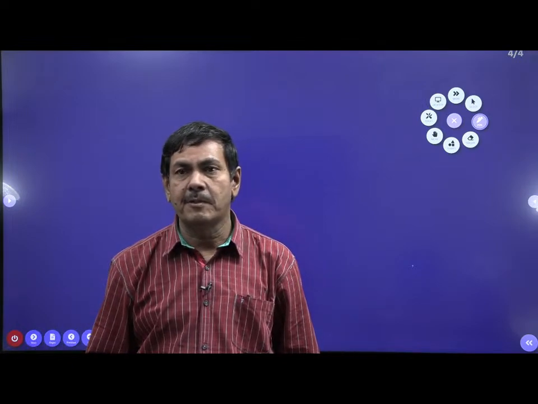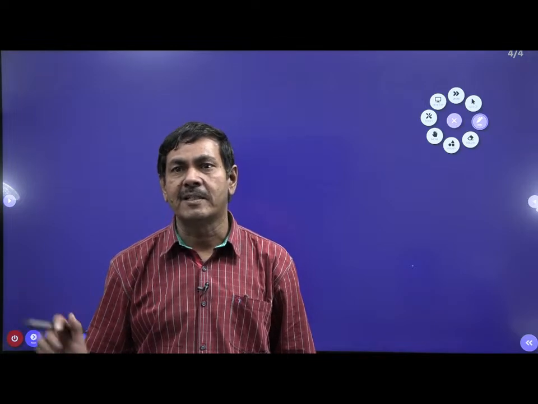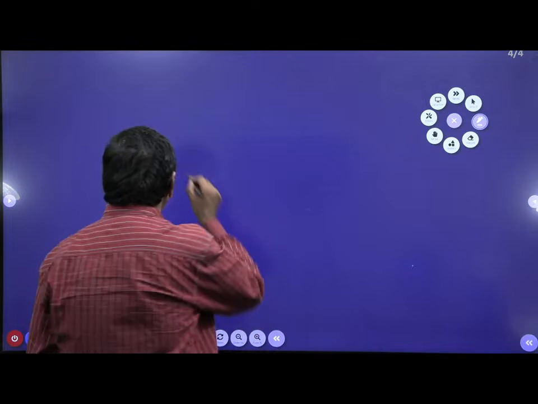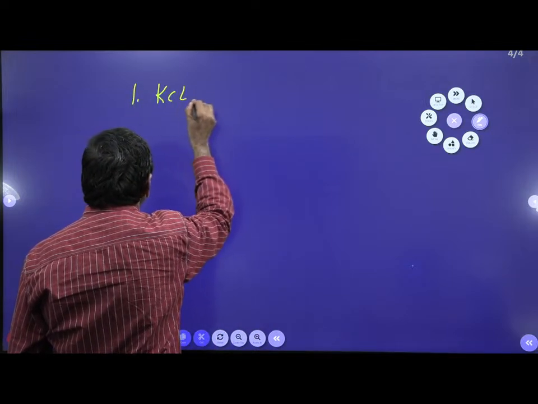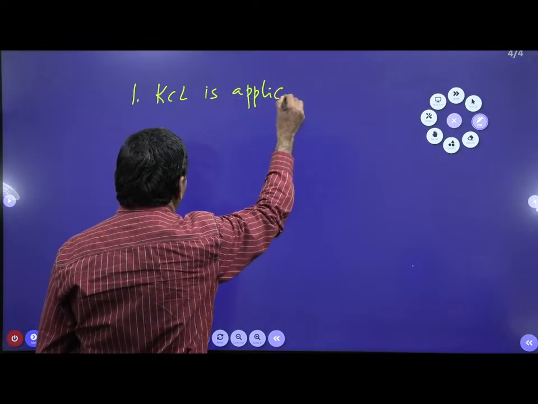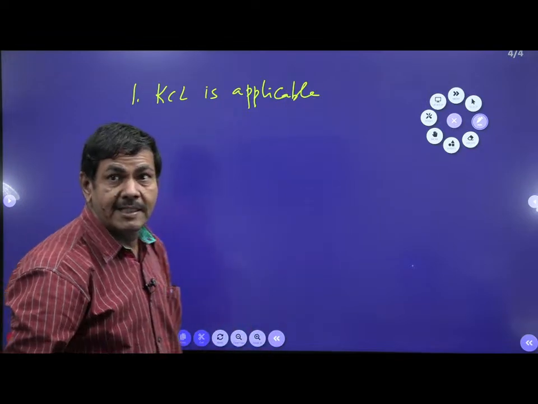But it is applicable only if the network is with lumped elements. That point is very, very important. So point number 1: KCL is applicable when the network contains lumped elements only.